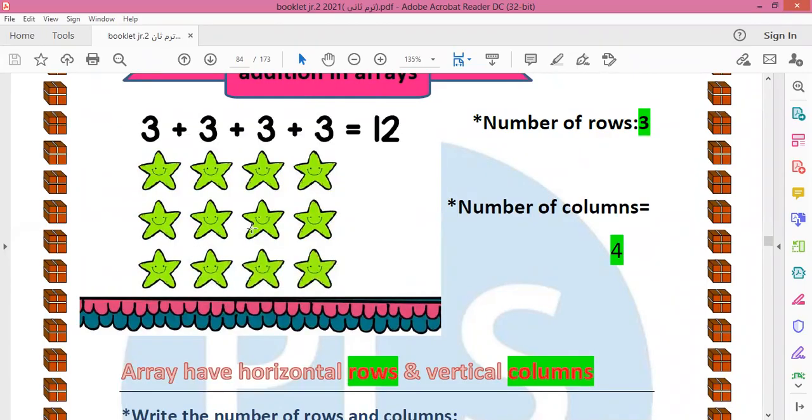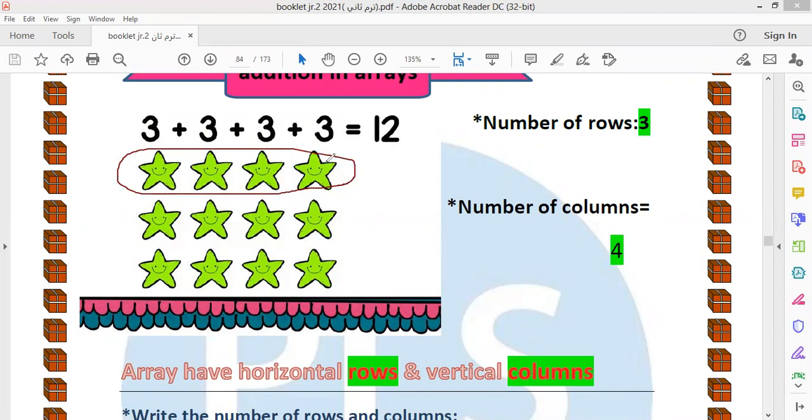Look at this array. I want you to know what is rows and what is columns. Look here. This is called what? Row. Excellent. This is row. But this is what?